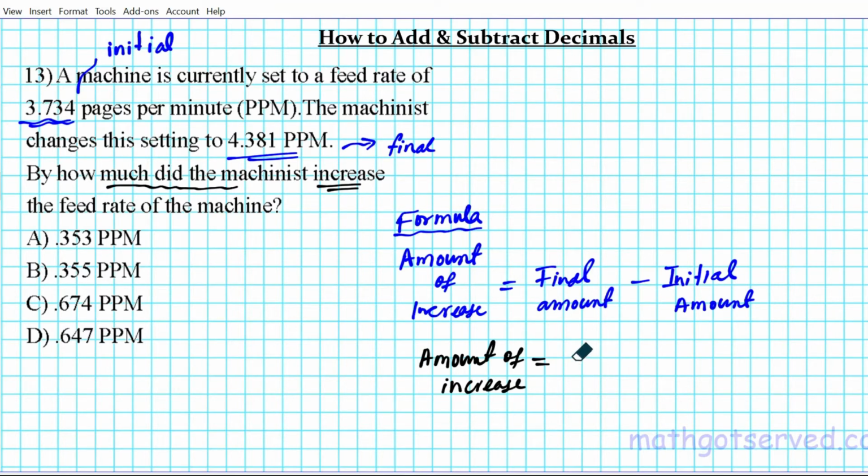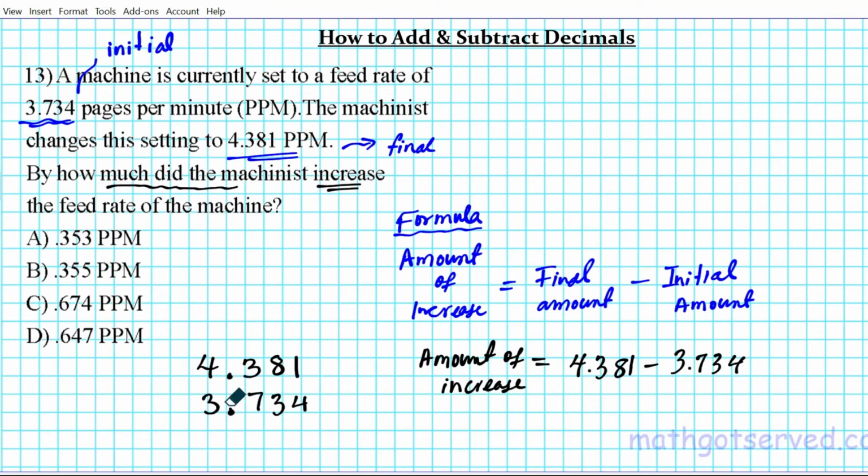So in this problem, we're looking for 4.381 minus 3.734. Let's configure them vertically. So this is the deal. When you are subtracting or adding decimals, you always have to orient your decimal points vertically underneath each other to avoid making placement errors.